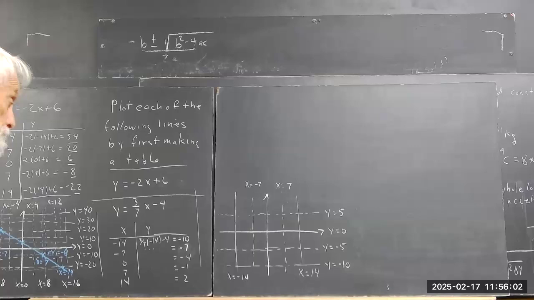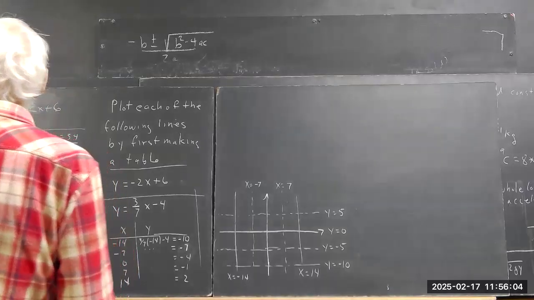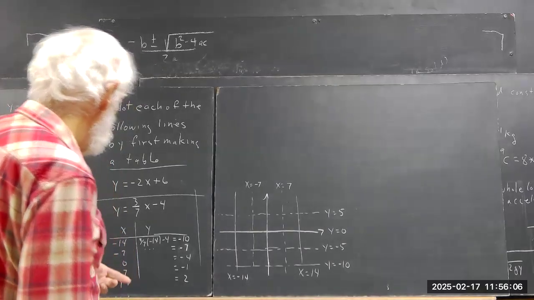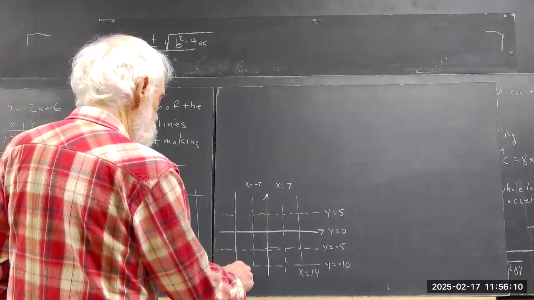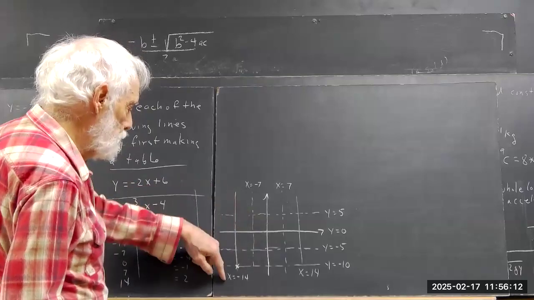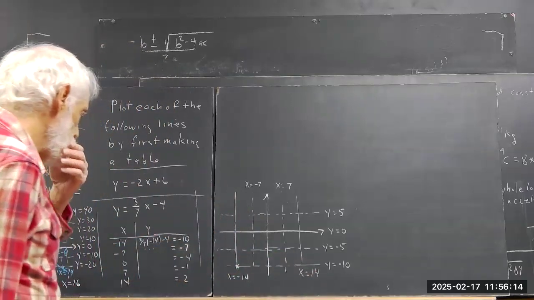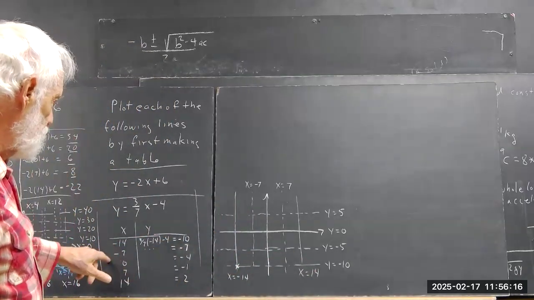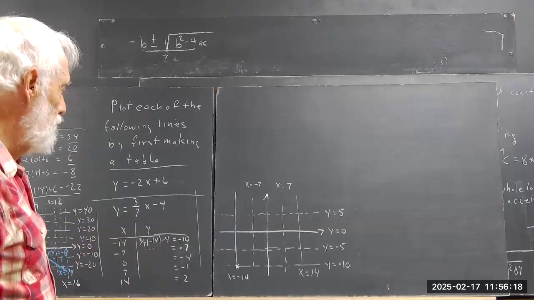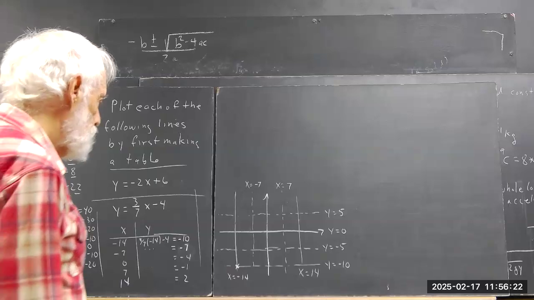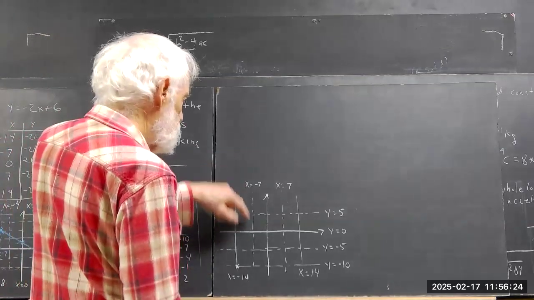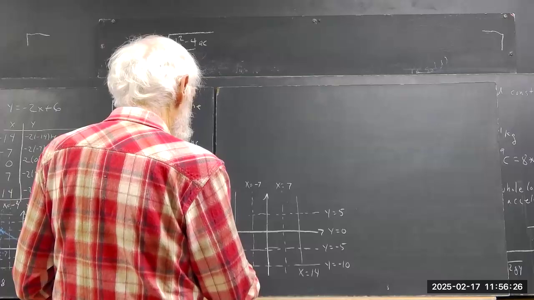Then I plot my points. And that's very straightforward. Okay. -14, -10. Well, right there we have it. X is -14, y is -10. When x equals -7, we get y equals -7. So let's see. Here's x equals -7, y equals -7.